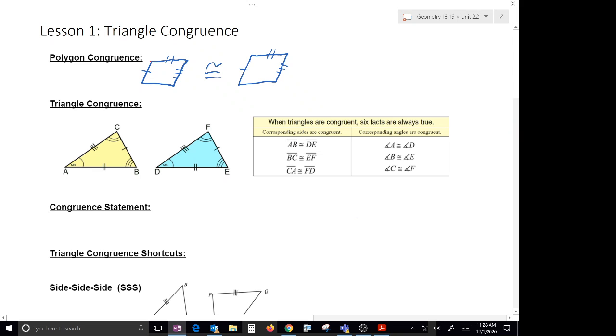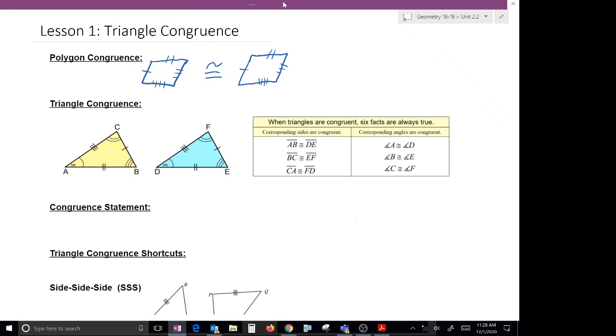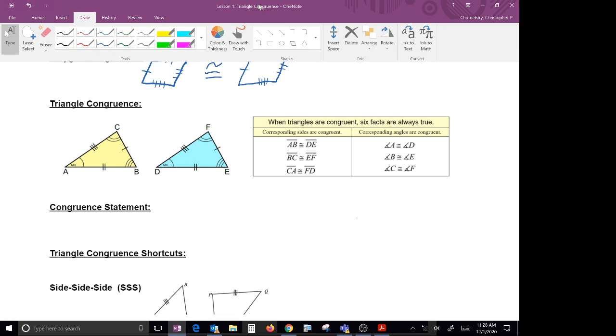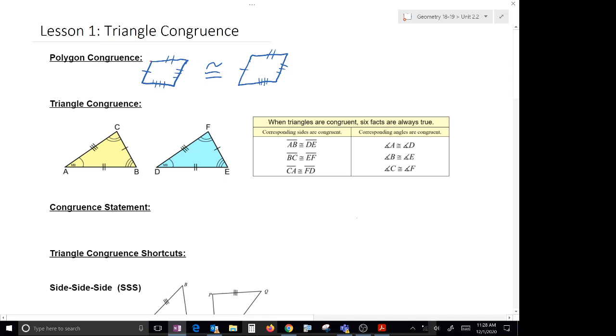And you notice I'm indicating that with little tick marks here. So this single tick mark and that single tick mark match up, and the two match up. So every single corresponding side has to match up, as well as every single corresponding angle.